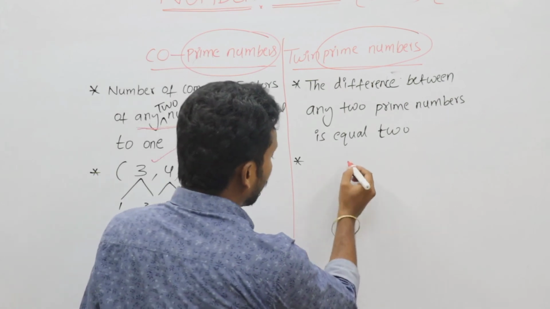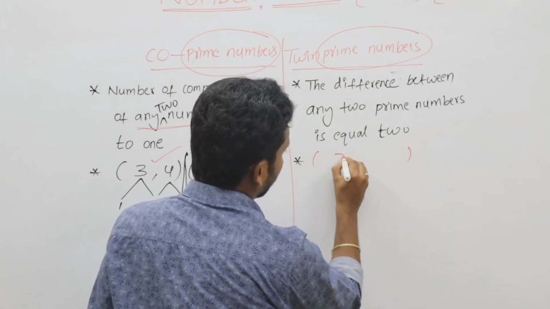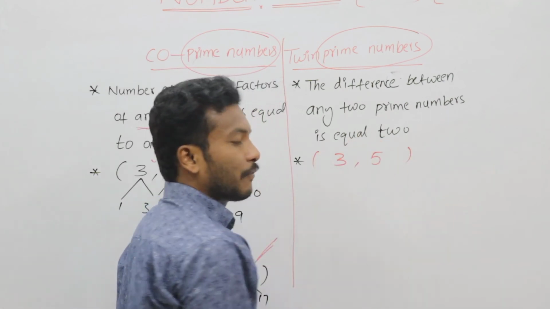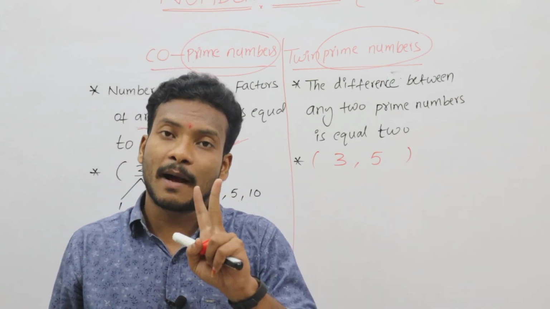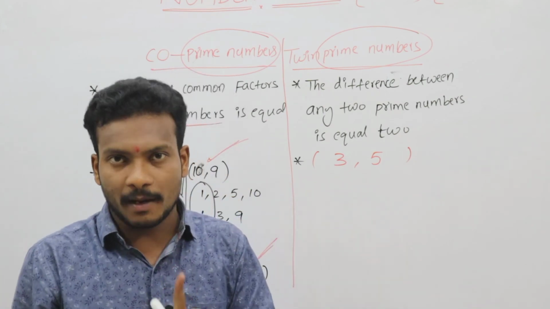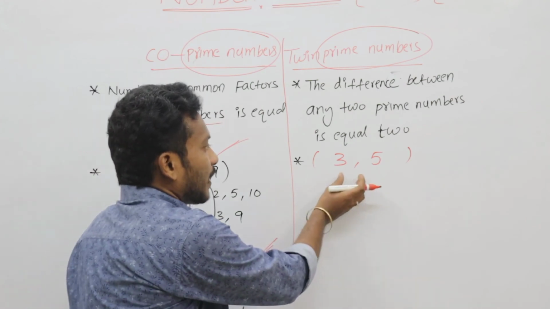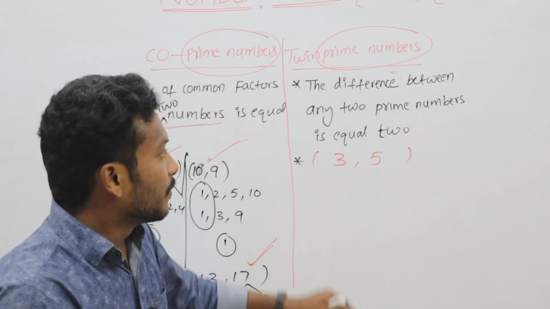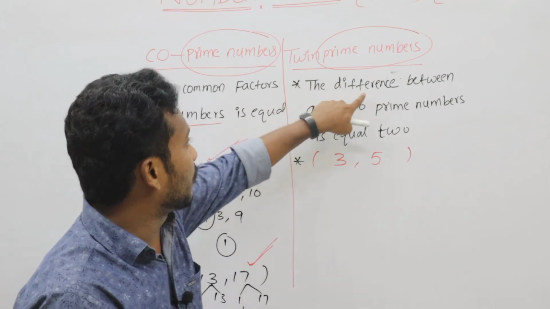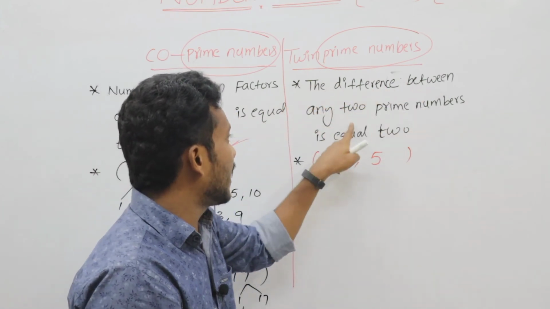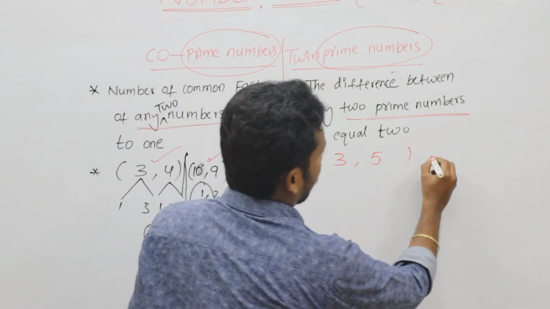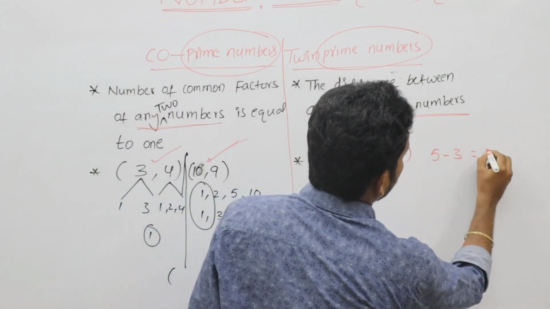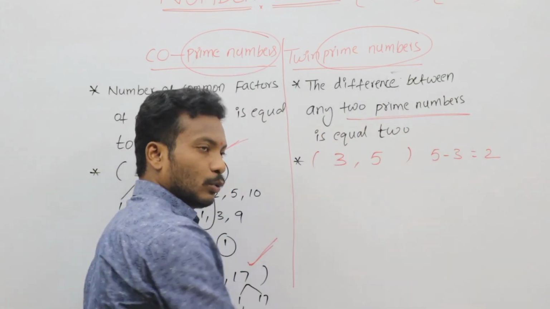What is the meaning of that? I am taking a pair, 3, 5. In this case, we have to take a pair where both are prime numbers only. 3 and 5 are both prime numbers. The difference between them is 5 minus 3 equal to 2.